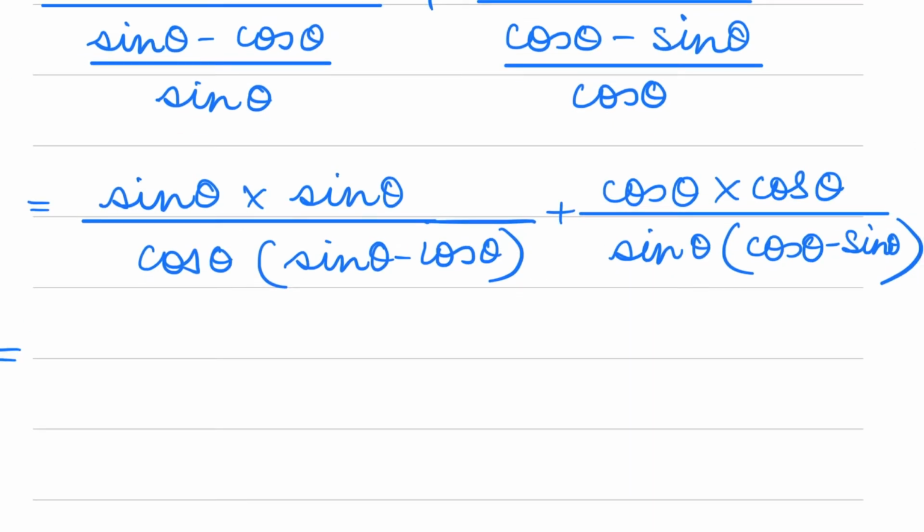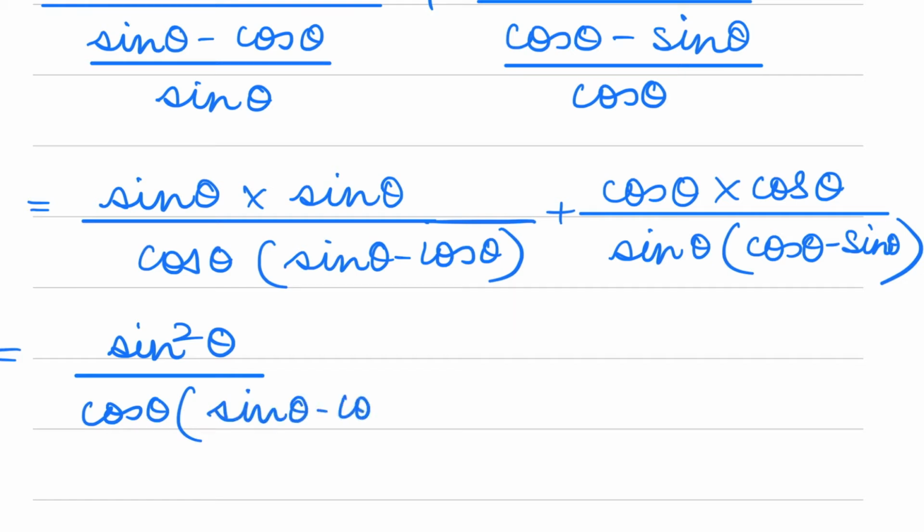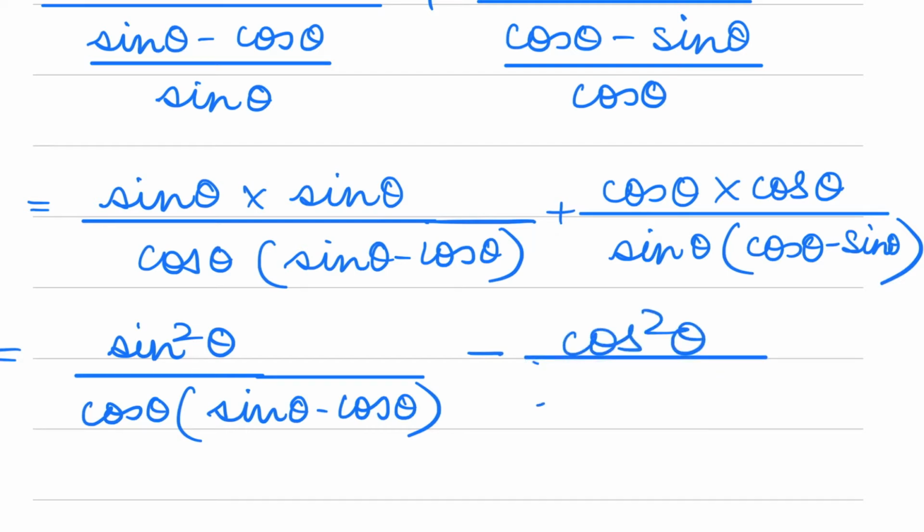This would be sin square theta by cos theta into (sin theta minus cos theta). Now because I want sin theta minus cos theta here, so I'll take the negative sign outside and this becomes cos square theta, and in the denominator I'll have sin theta into now (sin theta minus cos theta).